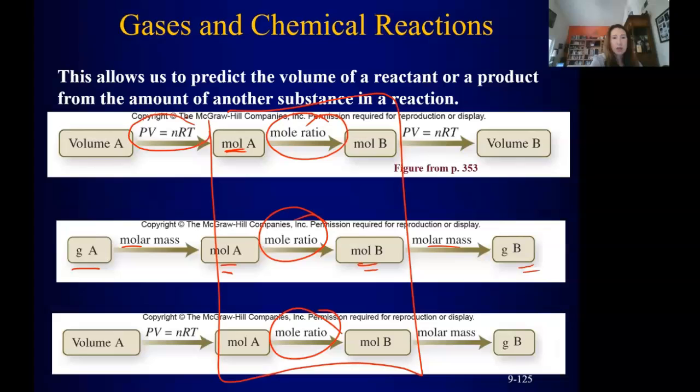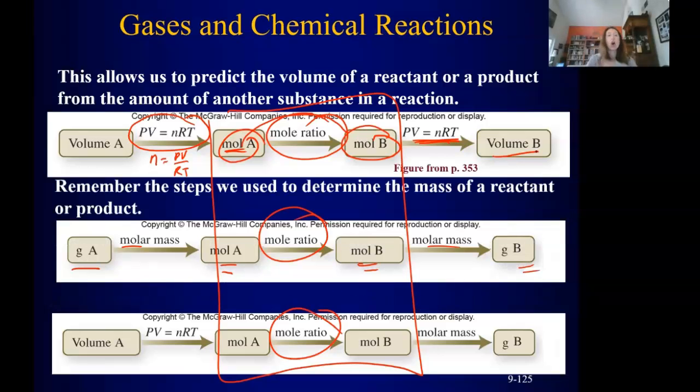So we might have to use PV equals nRT to get to moles, right? And then go from moles of one thing to the moles of the other, and then use PV equals nRT to maybe get to a volume or to grams or something of that sort. So we're going to practice all sorts of pieces of this today.